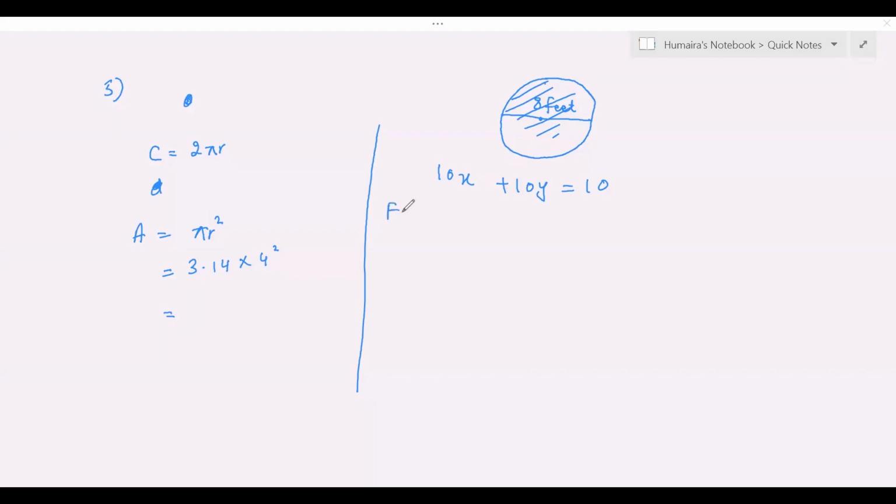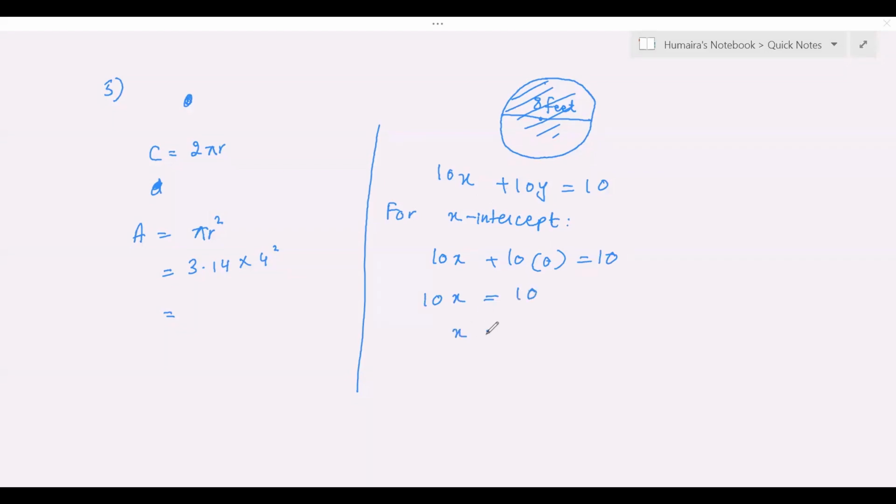So for the x-intercept, we have to put y as 0. That gives us 10x plus 10 times 0 is equal to 10. So 10 times 0 is 0, so 10x is equal to 10.